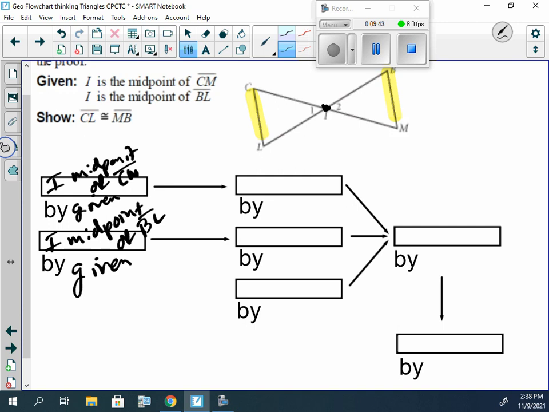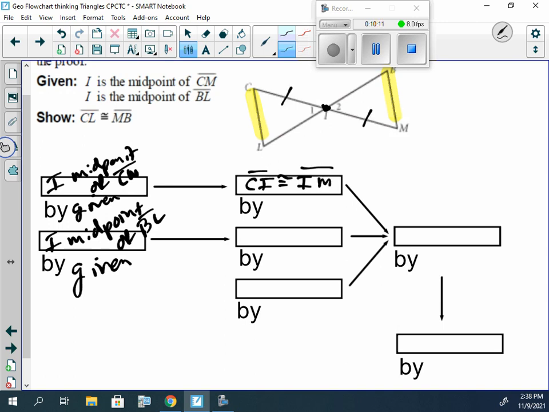Any questions on this so far? Now, if I is the midpoint, it means it bisects the length into two congruent segments. So for CM, well, CI is going to be congruent to IM.